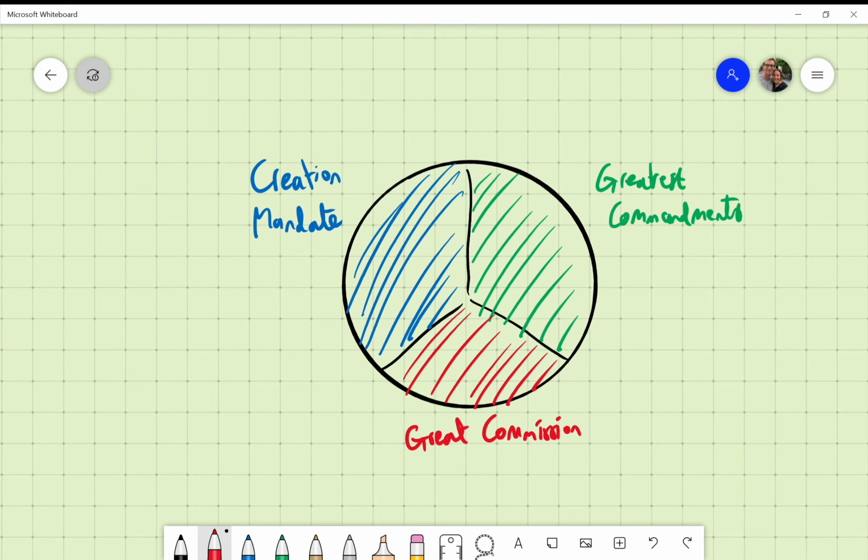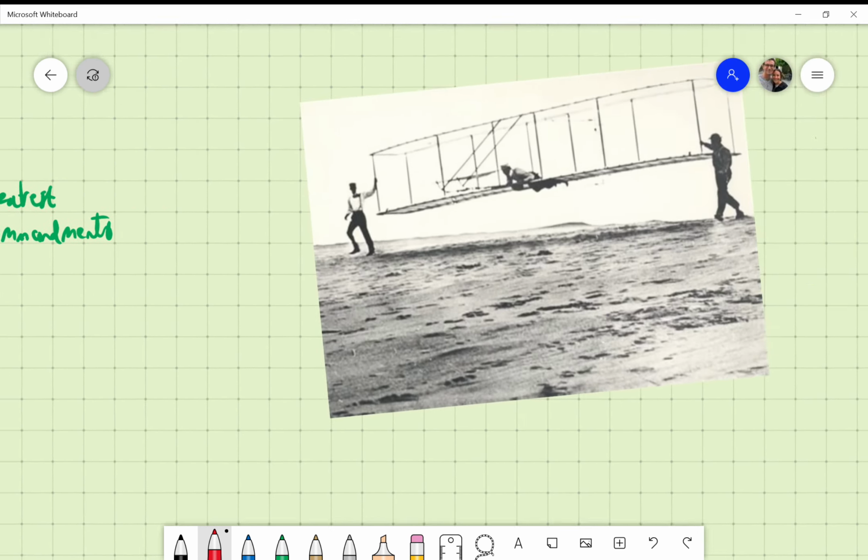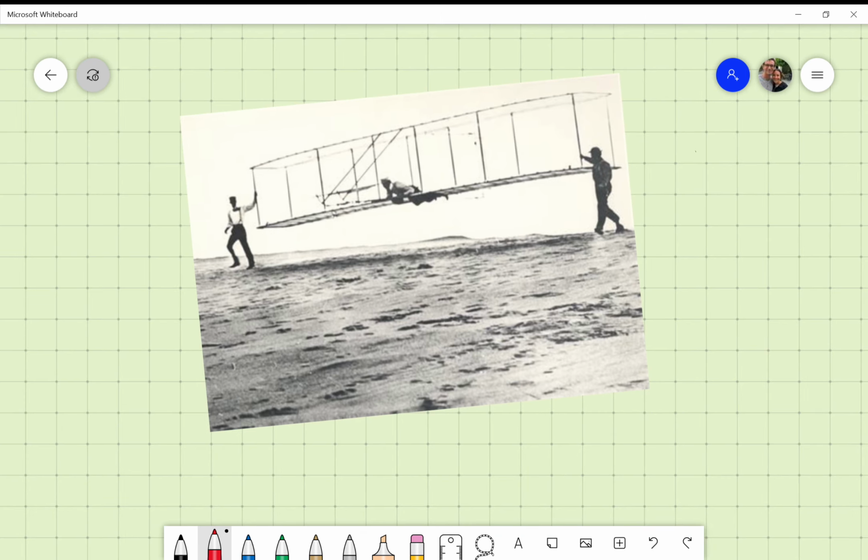And they all happen to be men, and they all happen to be American. Let me start with these guys. These are the Wright Brothers, which I believe you would have known already. I'm reading a really good biography right now called The Wright Brothers by David McCullough. And the Wright brothers were sons of a bishop.